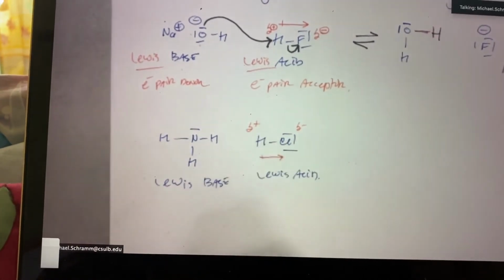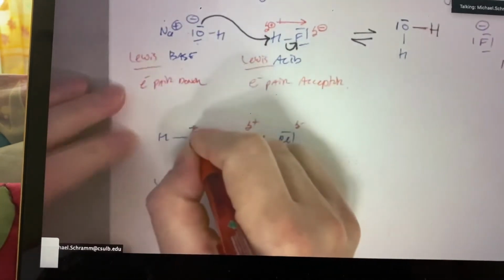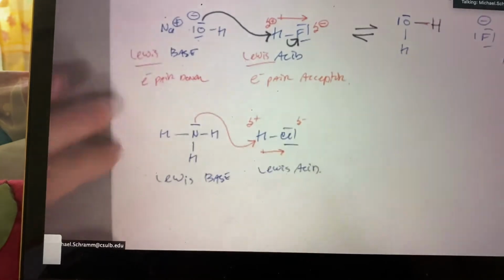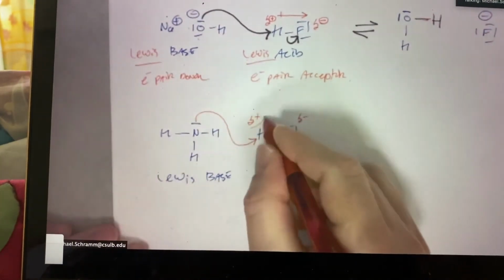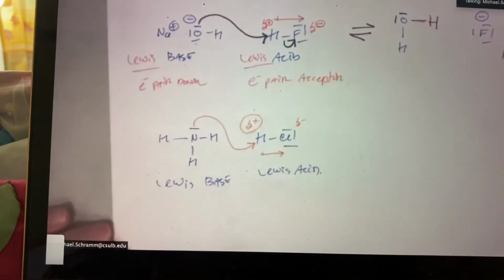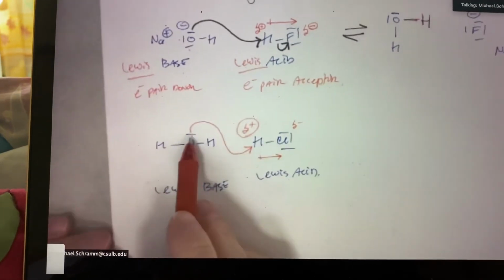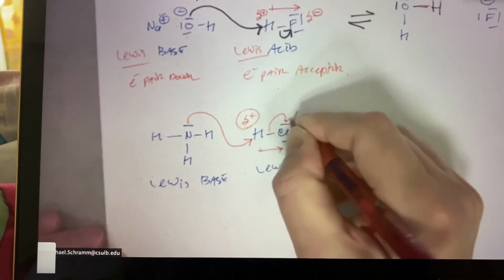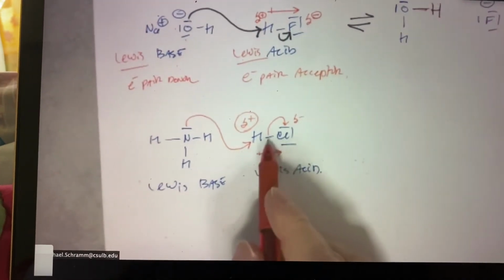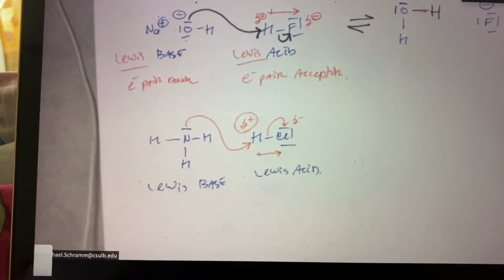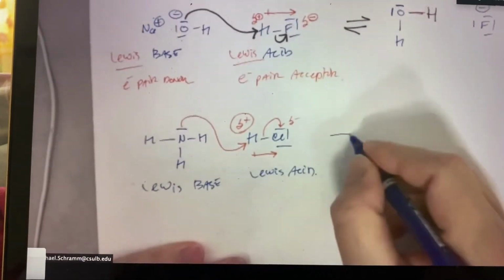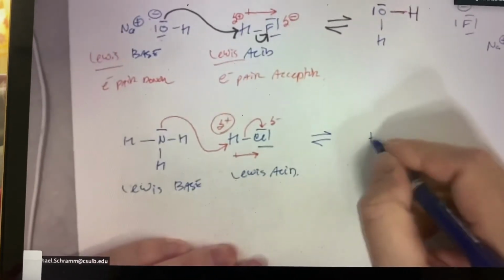And once we see this, then we know that the electrons are going to move from the base to the location in the acid where there's partial positive charge. This is going to be moving two electrons and forming a bond. Hydrogen doesn't want two bonds. It can break then, and these electrons will go to the most electronegative atom in the species. When this particular phenomenon happens, it's an equilibrium process.